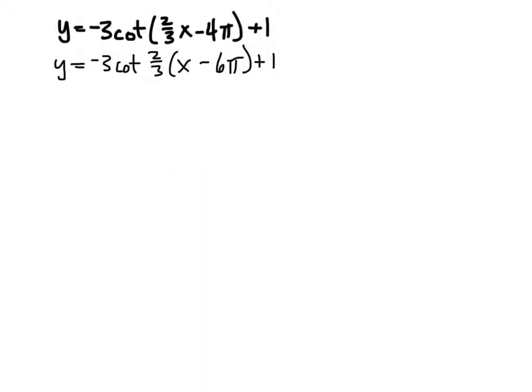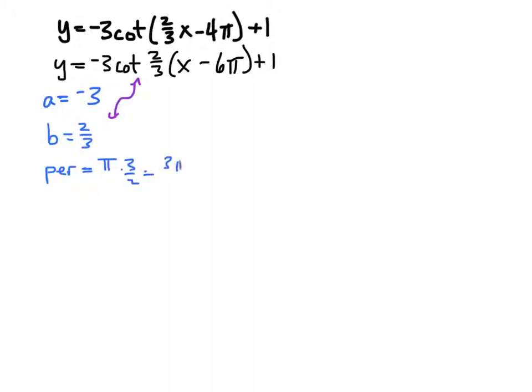Okay, so now I'm ready to list all the things. A is negative 3. What does that let me know about the shape of this? It's going to increase because it's a negative a. Same thing. B is 2/3. So my period will be pi divided by 2/3, or pi times 3/2.